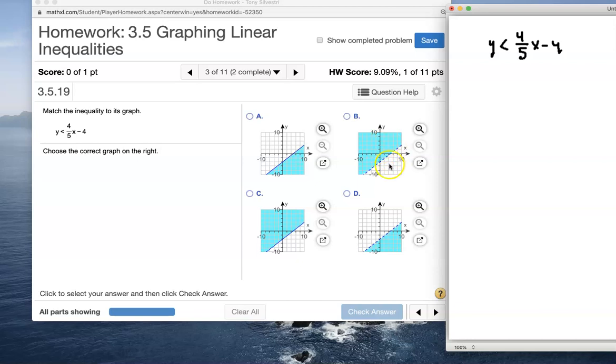There's a top region and a bottom region. And what we want to do is pick the region that satisfies that inequality. So what I'm going to do is say, well, let's pick a nice test point that doesn't require a lot of calculation on our part. If possible, and oftentimes it is possible, I'm going to pick 0, 0.